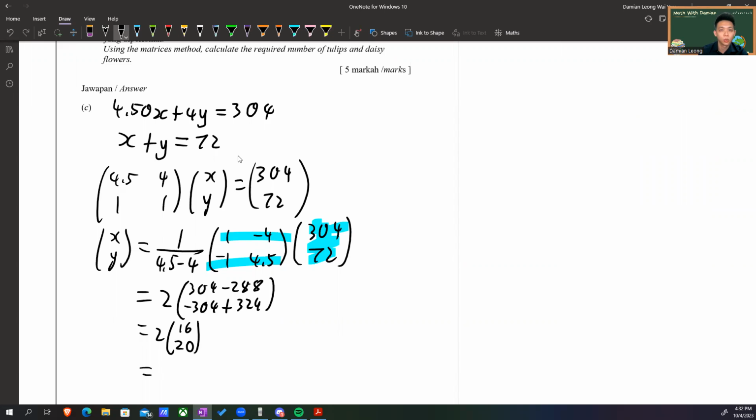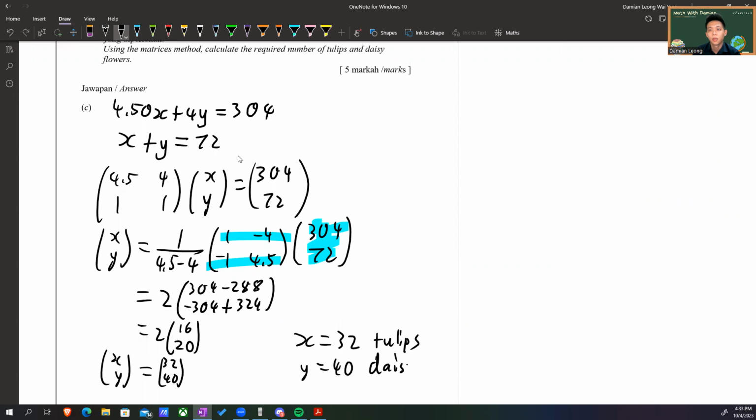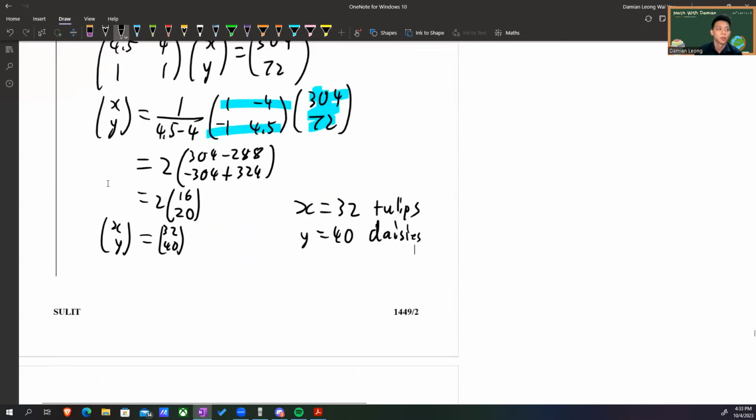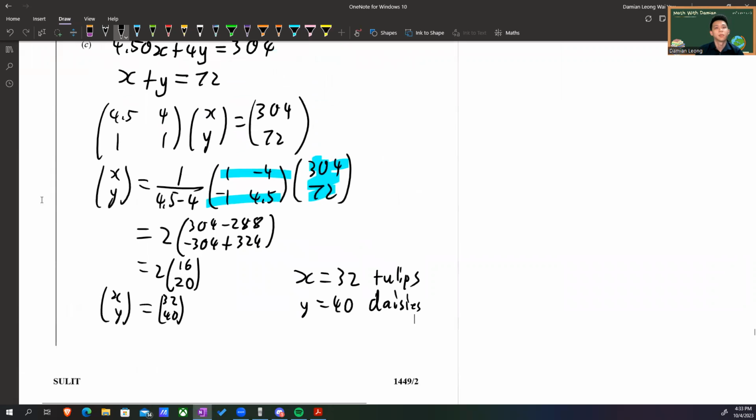I need to times the 2 in, 3240. So xy is 32 and 40, means x is 32, y is 40, which means 32 tulips, 40 daisies. That's the number of tulips and daisies.